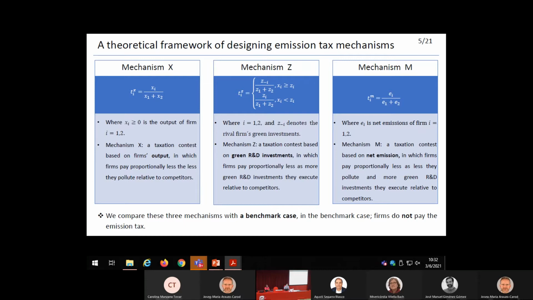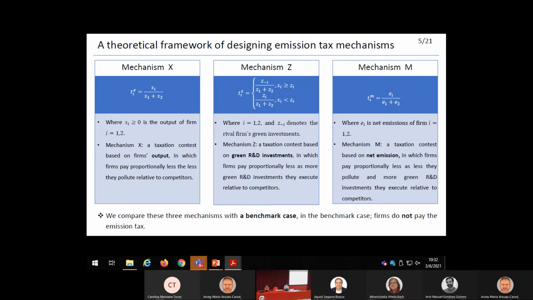The second one we call mechanism Z. It is a taxation contest based on firms' green R&D investment, and it favors higher green R&D investment. It means the higher the green R&D investment a firm engages in, the less emission tax the firm needs to pay.